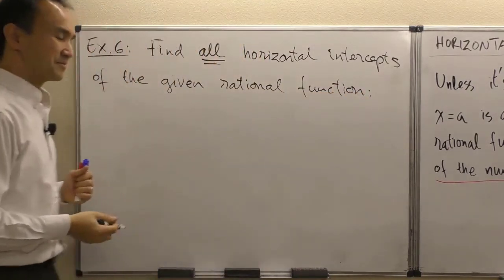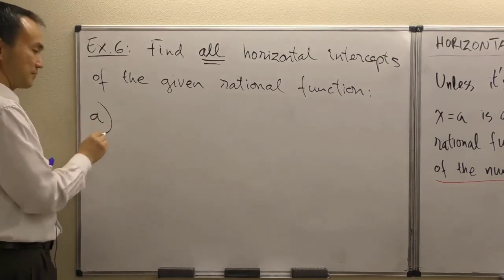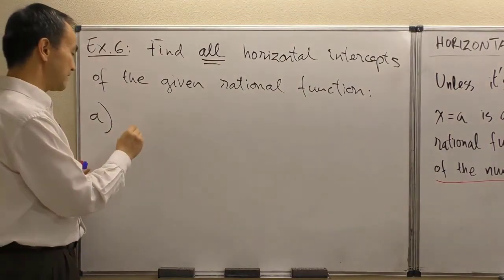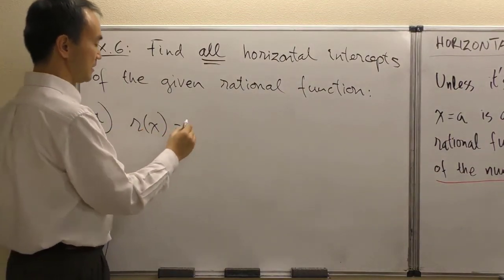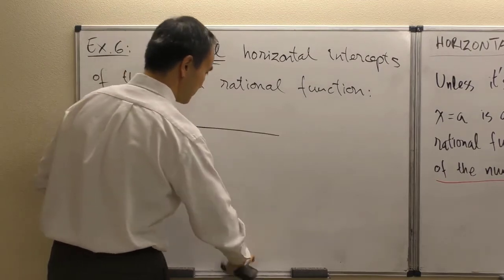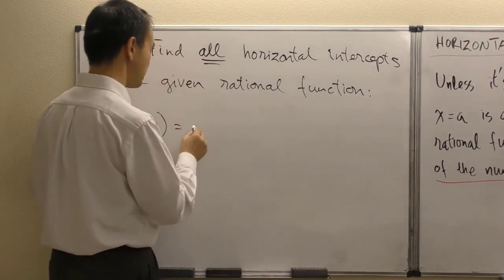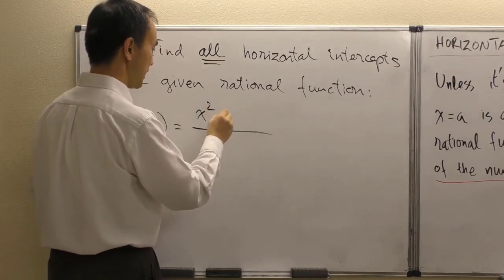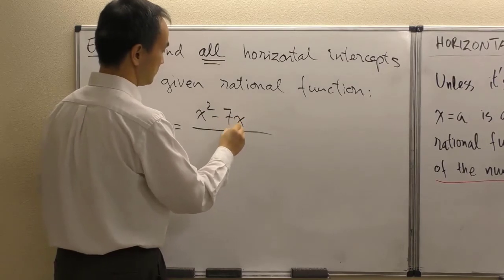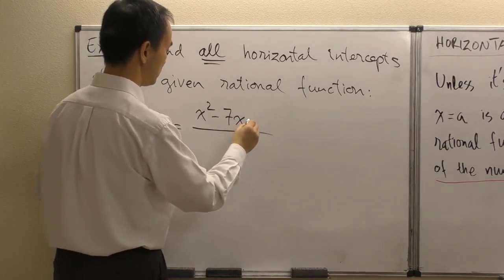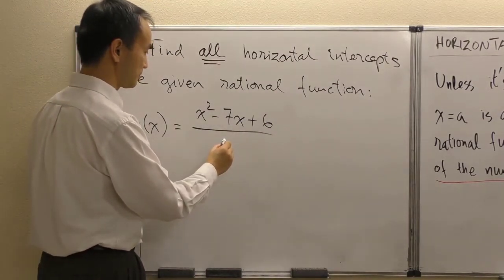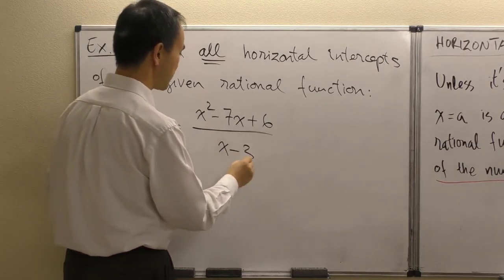All right, and so now let's look at the first one of ours right here. R of x is going to be x squared minus 7x plus 6 over x minus 3.